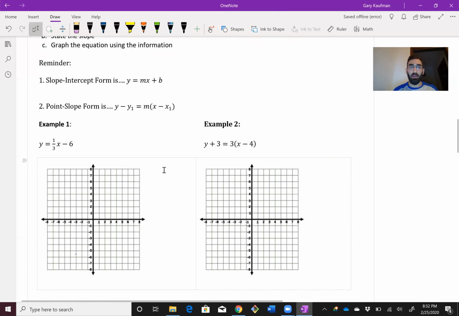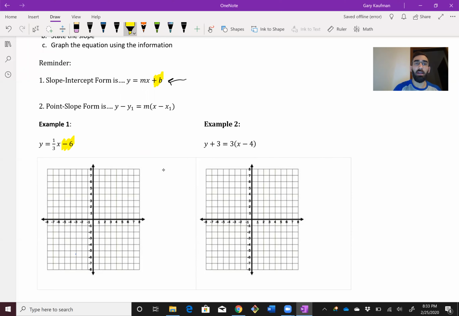Now, the one on the left is very similar to slope-intercept form. It's exactly slope-intercept form. It's y equals a coefficient multiplied by x with a constant at the end. So if I'm looking for the slope, the y-intercept or a key point, in this case, it's the y-intercept. The b is here.